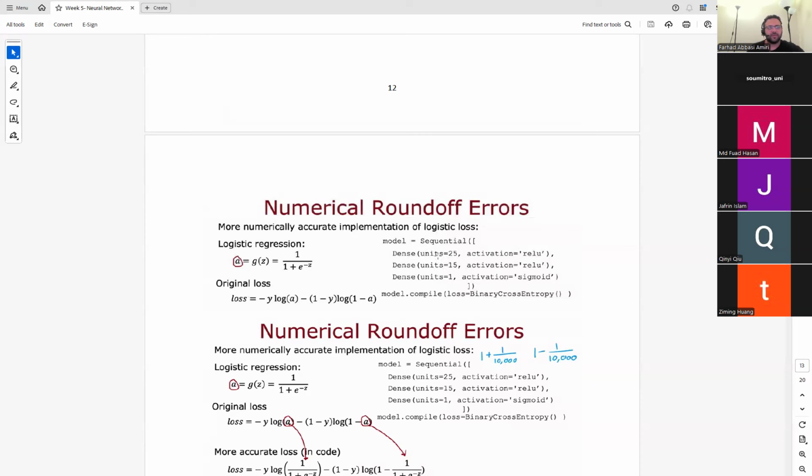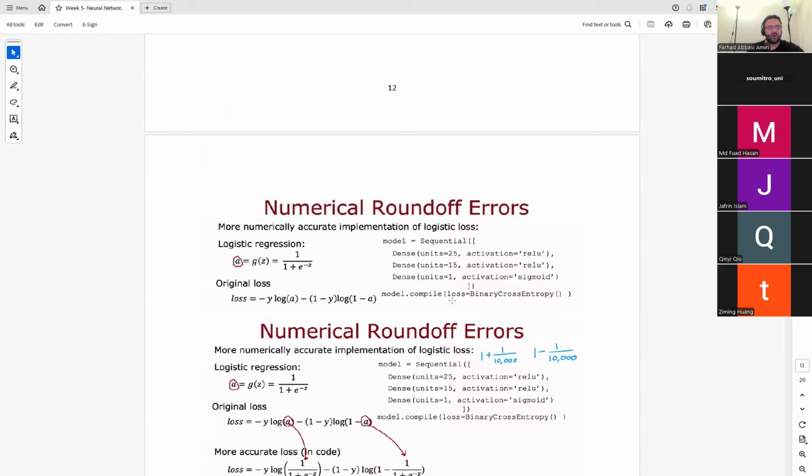The first layer is a dense layer with 25 units and ReLU activation function. The second dense hidden layer has 15 units and the activation is ReLU. And the last one, the activation is sigmoid because you are working on logistic or binary classification.